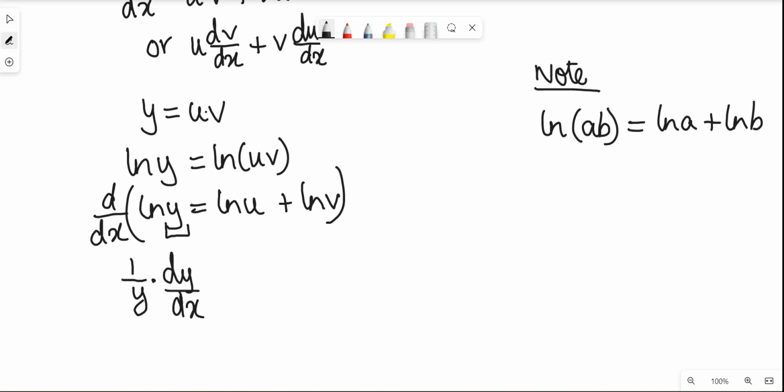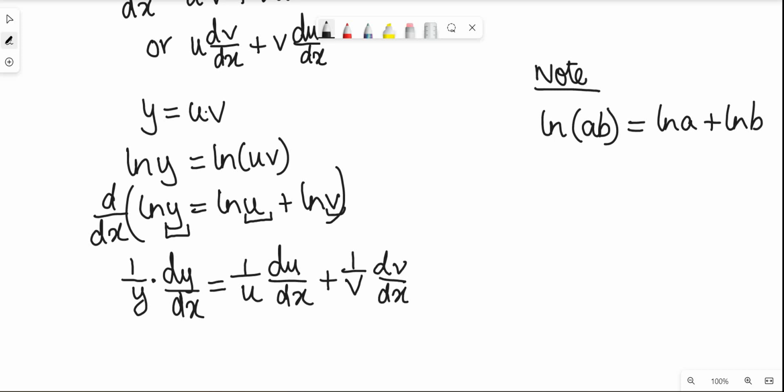Now we do the next part of the equation. This one would be 1 over u, but don't forget we have to multiply by the derivative of the inside, which is du by dx, plus the same thing over here, 1 over v, multiplied by the derivative of the inside, which is dv by dx.